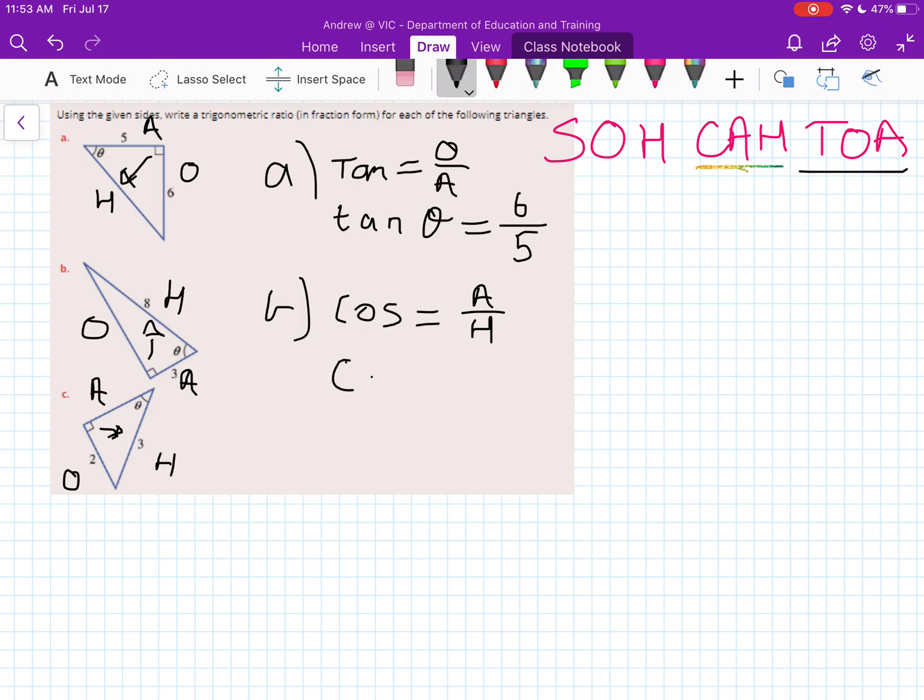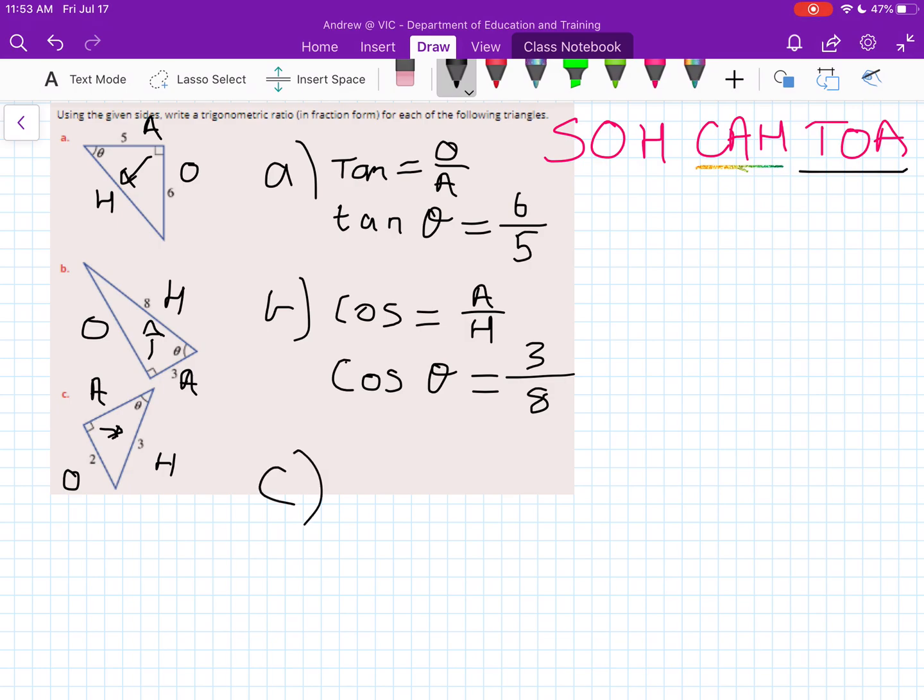So we write cosine theta, and just remember to always put your theta, your angle, there, is equal to our adjacent, which is 3, over our hypotenuse, which is 8. And then we're done.